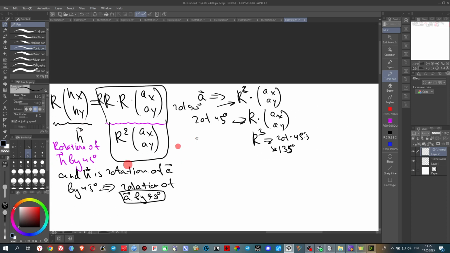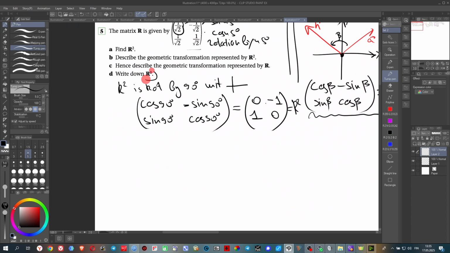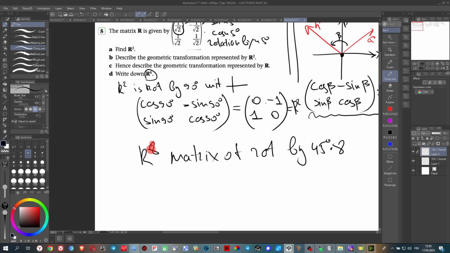And by analogy, you can understand that r to the power of 8 is actually a matrix of rotation with respect to origin by 45 degrees times 8, and it would be exactly 360 degrees.